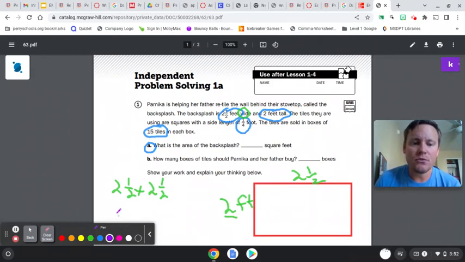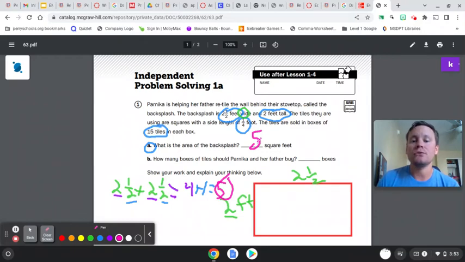If I add the whole numbers first, I get 2 plus 2, which equals 4. Then if I add the halves together, a half plus a half is 1. So let's add one more whole to that, and then we would get a final answer of 5 square feet. So that's how we find the square feet: add 2.5 two times, 5 square feet.